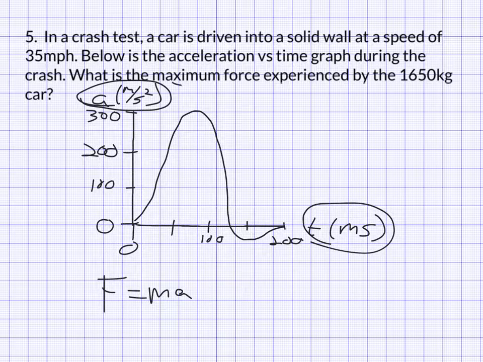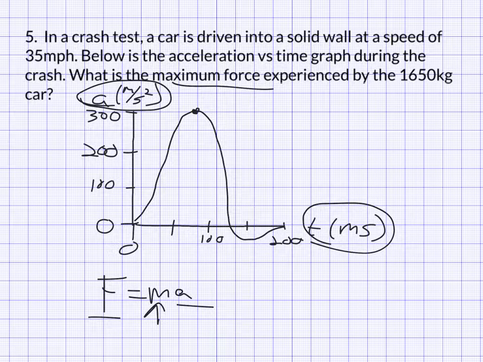The maximum force would come from the maximum acceleration because the mass will probably be constant. I mean, maybe the car falls apart after the crash, but it doesn't say anything about that. So all I need is the biggest acceleration possible during this interval, and that's going to correspond with the biggest force. Where's the biggest acceleration? Right there. So this is a little easier than maybe the graph makes it look if you didn't look at the axes, if you panicked and tried to do this quickly.